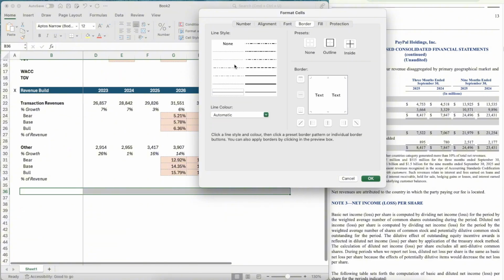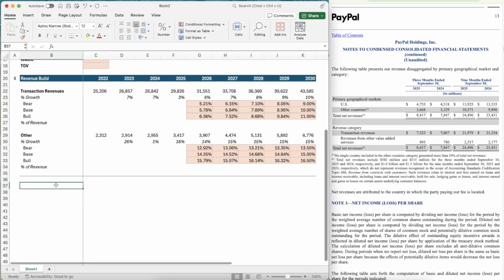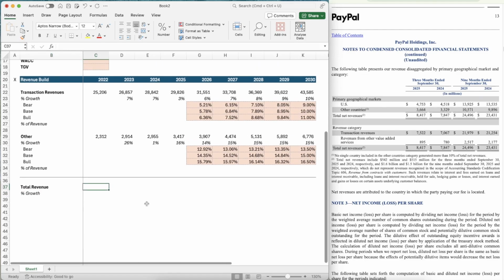For other, I think it includes things like their buy now, pay later as well, which obviously, if you look at, it's been quite volatile for things like, I guess, Klarna. They've had stratospheric growth, but then also revenue has collapsed as well. So it's quite volatile there.